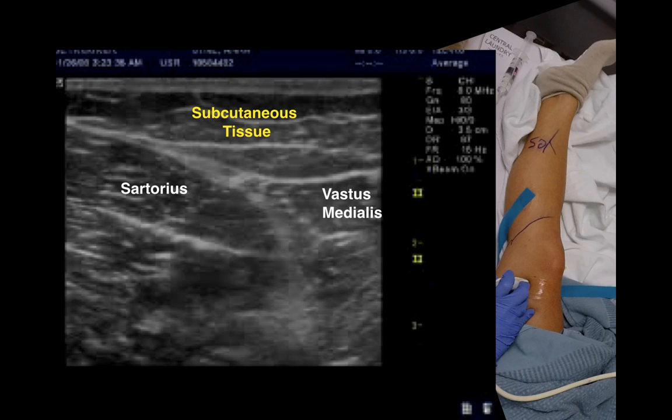An interesting observation regarding these findings is the distribution of sensory loss that results when a block is performed at this level using the fenestrated needle as displayed earlier.